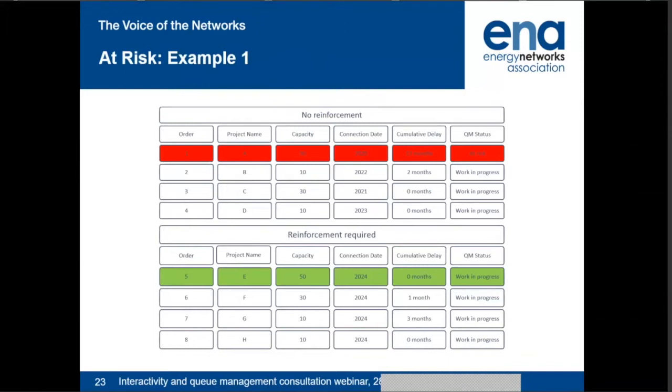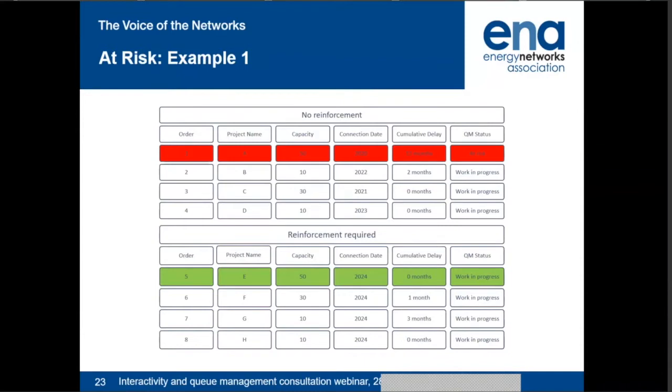Projects E to H would like to connect in 2022, but due to the need for reinforcement are unable to connect until 2024. And these have accepted their offers in the order 5 to 8. Project A, if it has a cumulative delay of 13 months, it is now classified as being at risk. And so queue management is triggered.